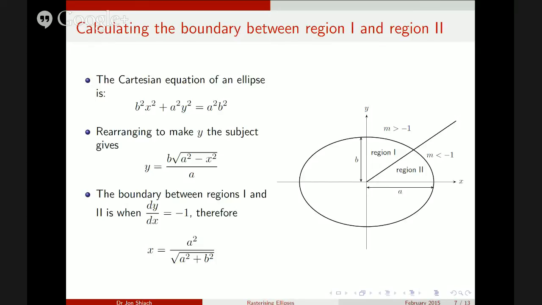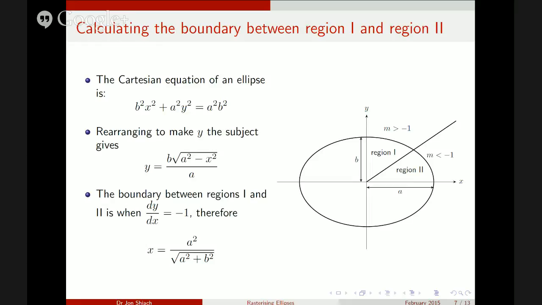I'm going to write this in an alternate form. As we see here, it's a function of a function, so how do we differentiate a function of a function? If I let u equal a squared minus x squared, then du/dx is going to be minus 2x.